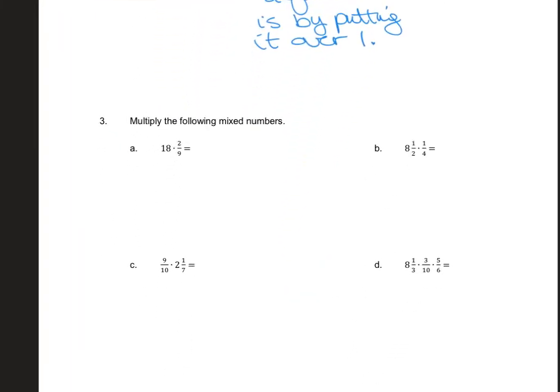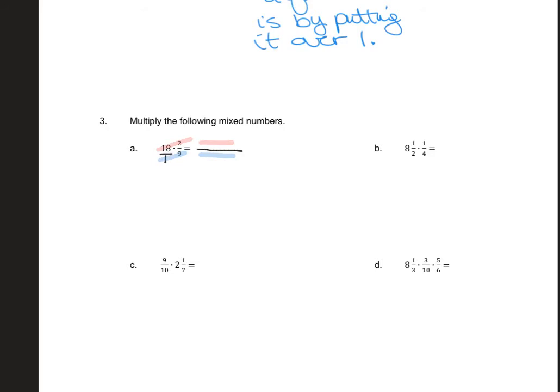All right, so here's where again we were heading towards this, and we gave you a taste of it, but here you get more practice of it. We're going to put the 18 over 1, and you're going to do the same thing. We multiply the tops, we multiply the bottoms, but here's a trick.